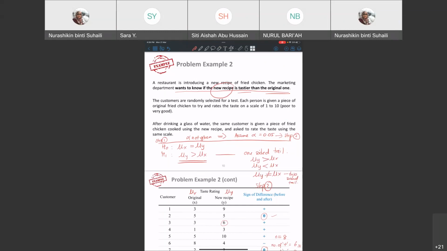How does it make a difference? Just now when we calculated the p-value, we just took the value of p as it is, because our hypothesis is one-sided. But what happens if the problem we are analyzing falls into a two-sided tail situation? You have to multiply the p-value by 2.